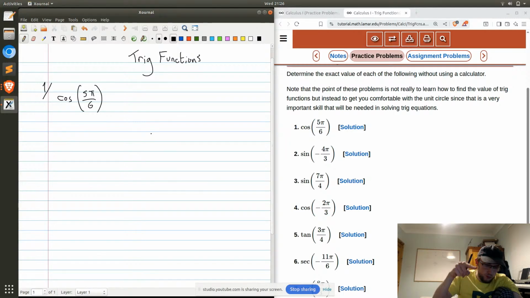Okay. Root 3 over 2. We'll do 3 at a time and then check them.